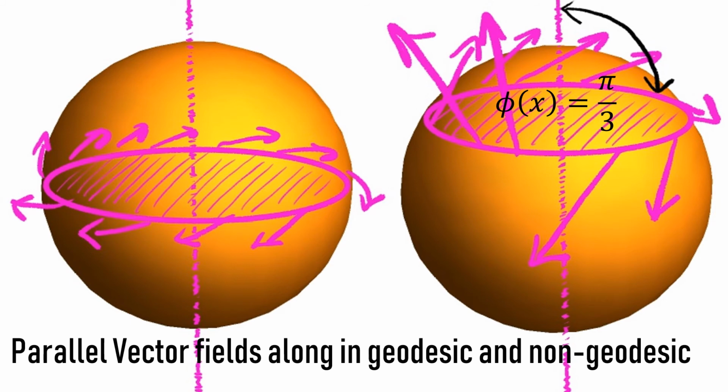The one on the right side is also a latitude, but it is not on the gray circle. It is somewhere around the angle of pi over 3, around 60 degrees. We can see the vectors are pointing out everywhere, and it is certainly not parallel. So if we have a geodesic, then the vectors are going to be parallel, and if we have a non-geodesic, then the vectors are not going to be parallel.